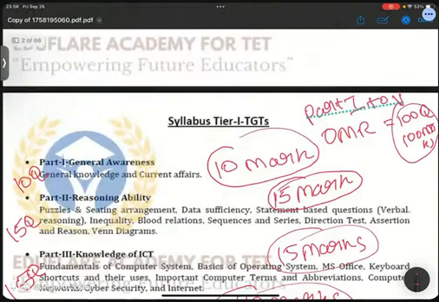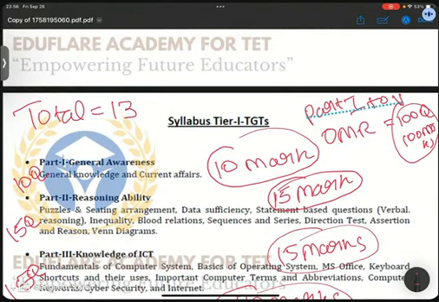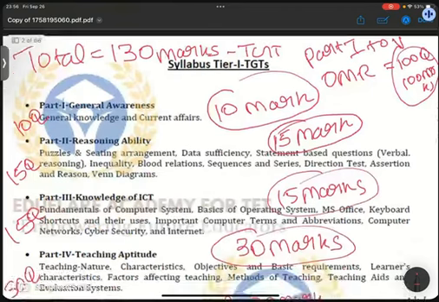So the total is 130 marks for tier 1 in the case of TGT.